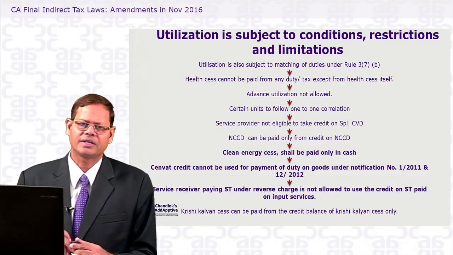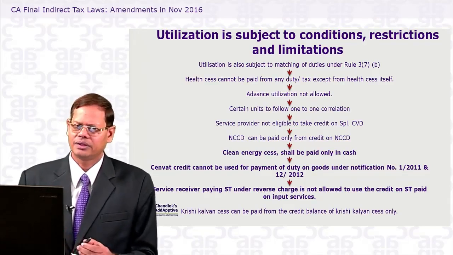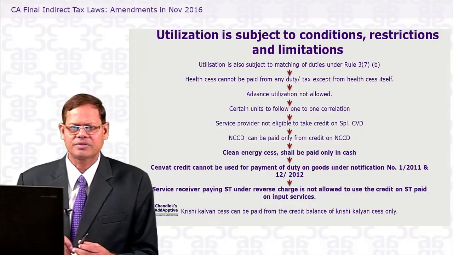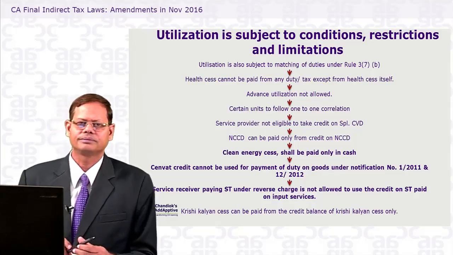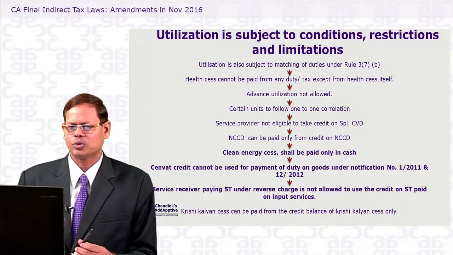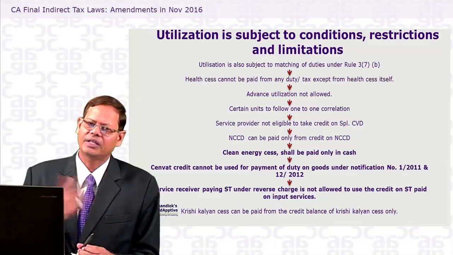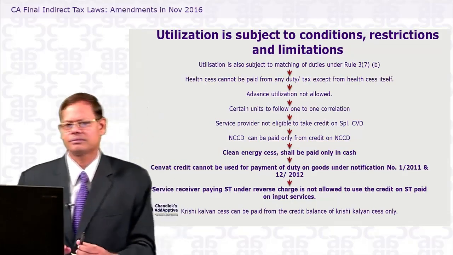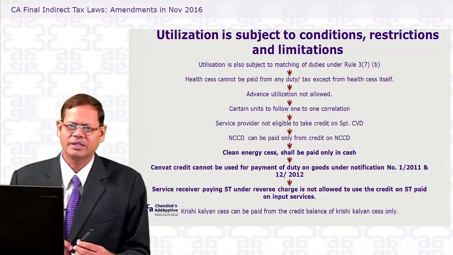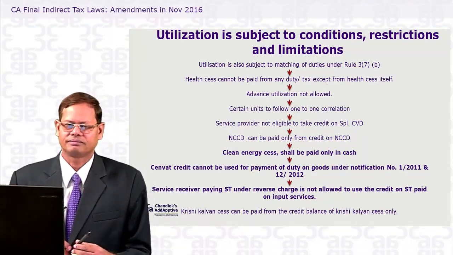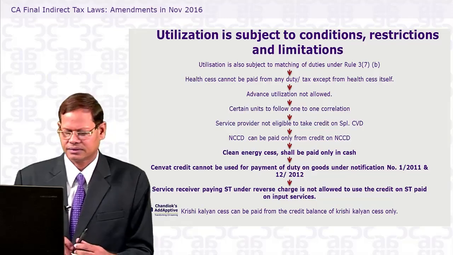Obviously no CENVAT credit can be taken on the inputs or input services used to manufacture them. So there is no CENVAT credit available, and at the same time to pay them, any CENVAT credit of any other product or products cannot be used. Obviously you have to pay in cash.